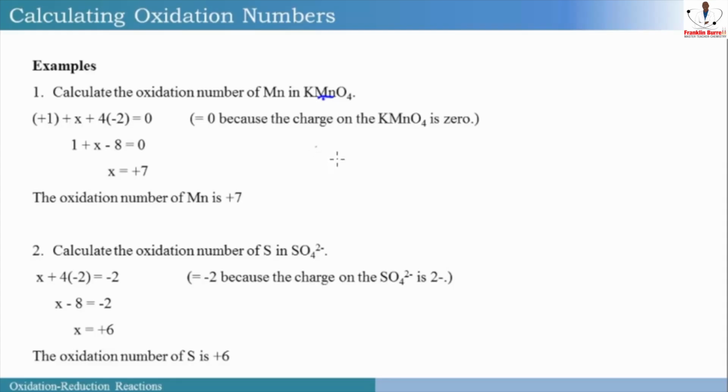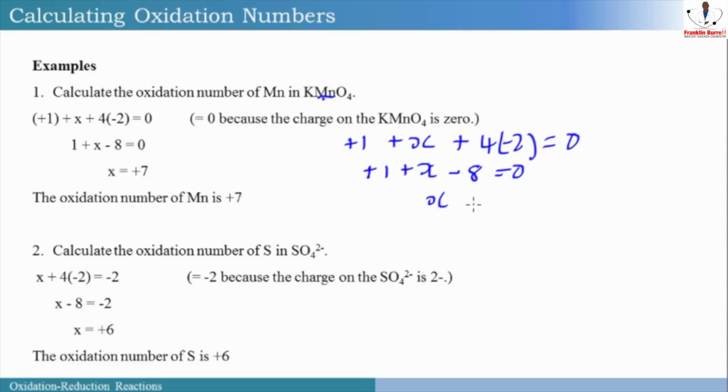So you see where we have +1 plus our unknown X plus 4 times -2 equals 0. So +1 plus X minus 2 times 4, minus 8, equals 0. So X is equal to, we're going to bring the -8 over to become +8.